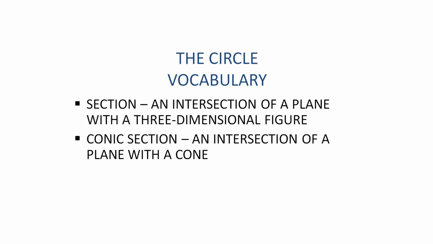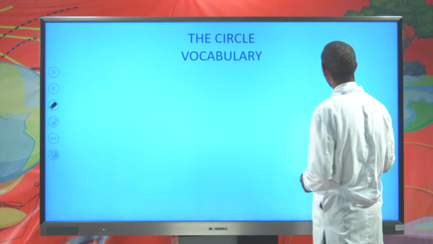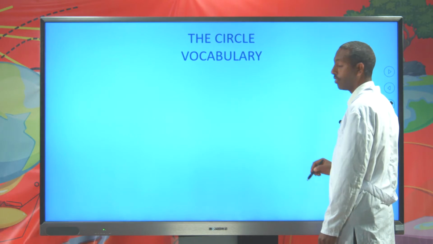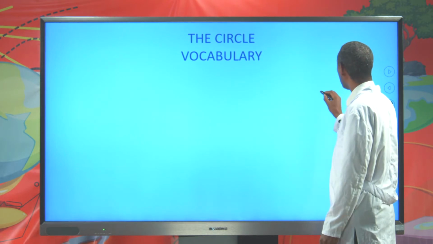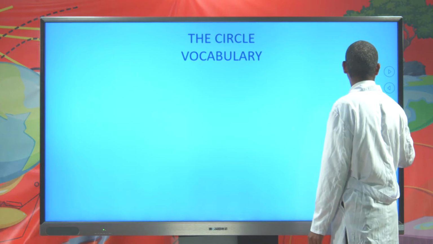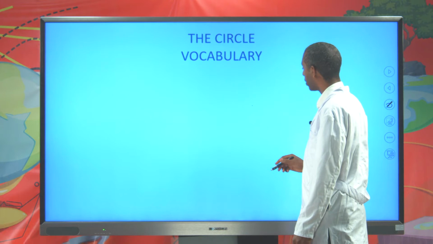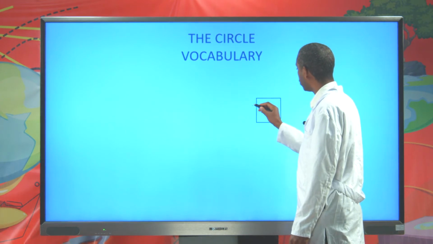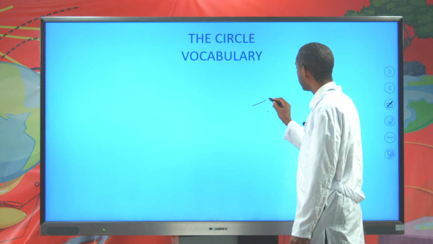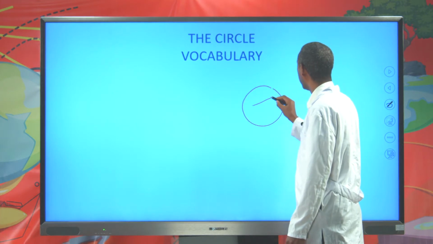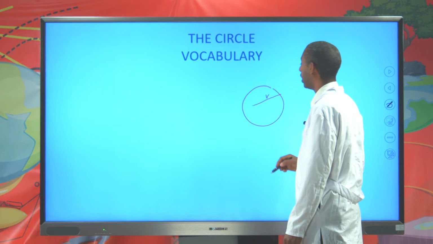Some circle vocabulary. As I mentioned before, I showed you the center of a circle. Then using the center, we may draw. Good. So let's take this as the center of the circle. Then using a fixed length, the radius, you may draw a circle of radius r.